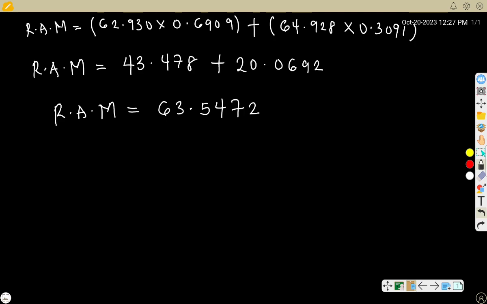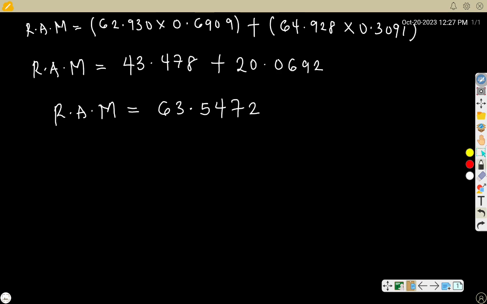The one that has the highest abundance here is X63, meaning the one with the highest availability, because 0.69 is bigger than 0.30. So X63 has the highest abundance, and that is the one you will see in your periodic table.